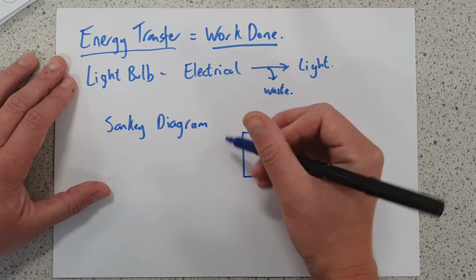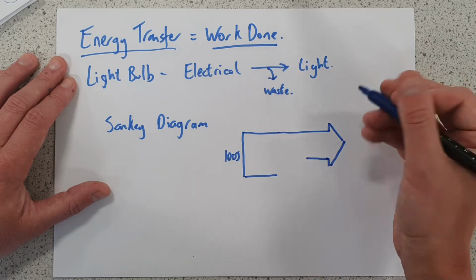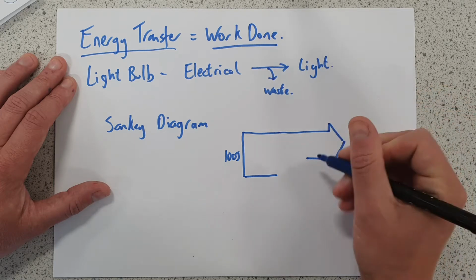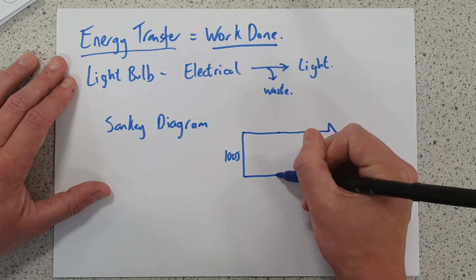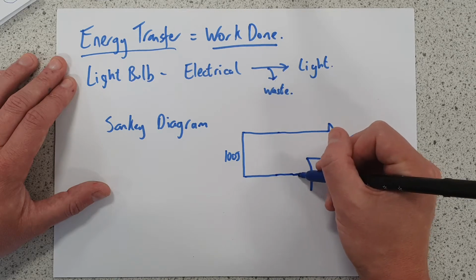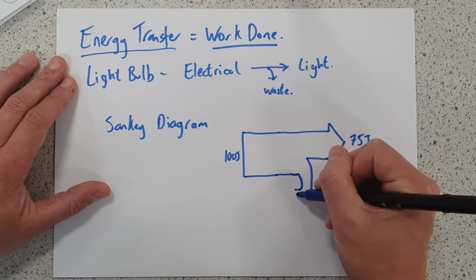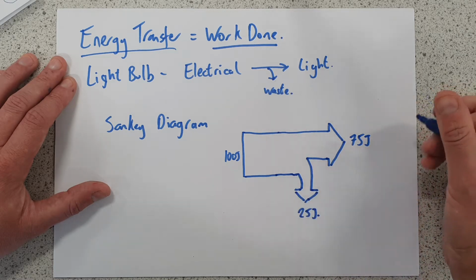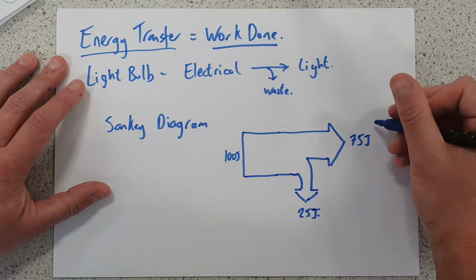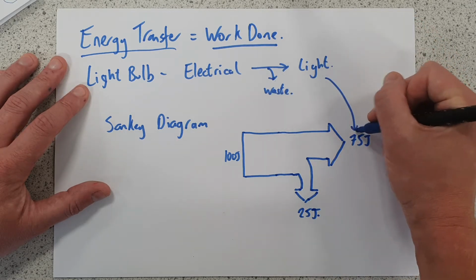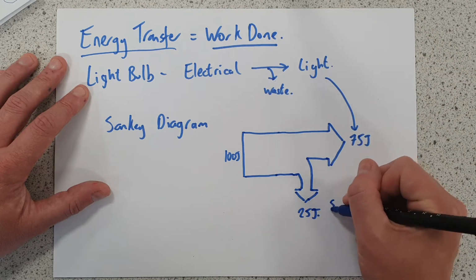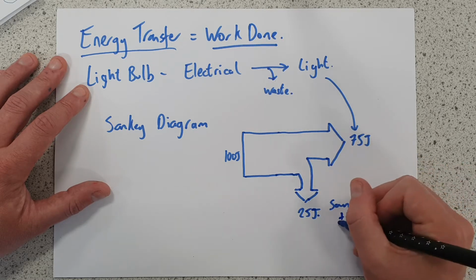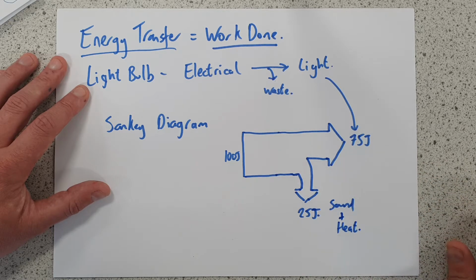So if this was 10 centimeters for 100 joules, and this was 7.5 centimeters for 75 joules, then we can work out the wasted energy. So there we'd have an arrow like so for 25 joules, and we understand that this is going to be the light, and this is going to be any kind of waste. So this could be any kind of sound or kind of heat that's coming from this and that is lost to the surroundings.